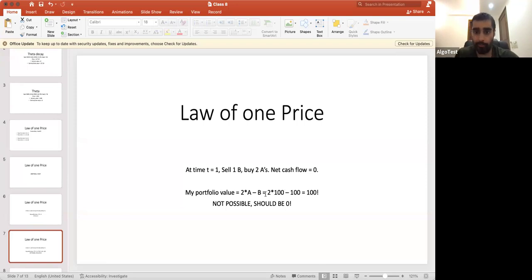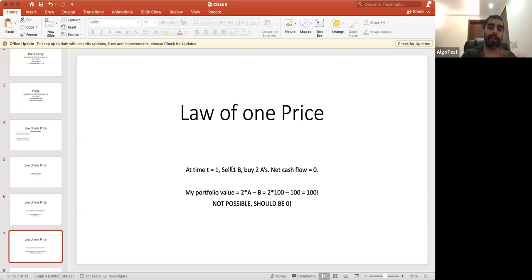So my profit 1 year from now is 100 rupees because A की भी value 100 है, B is also 100, but I hold 2 of A. So I've created this interesting thing where with net outflow of 0 rupees today, I'm getting 100 rupees in my bank 1 year from now. Okay. So in finance theory, this is called arbitrage. Practically also, this is called arbitrage.